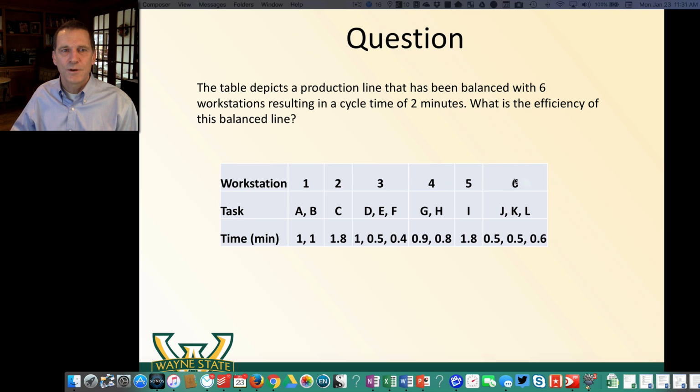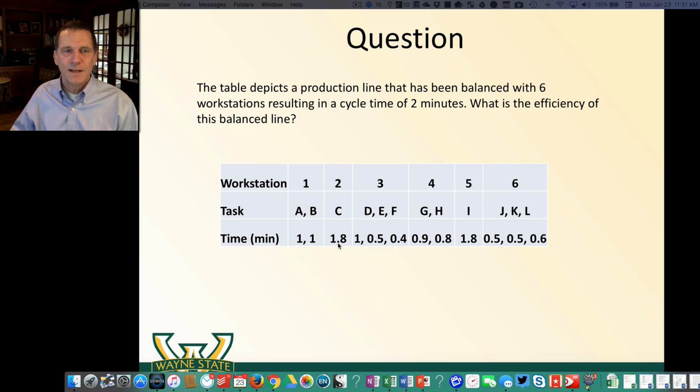If these are the 6 workstations, and we saw that task A and B are in workstation 1, and C, and then D, E, F in 3, G, H in 4, etc. And down here, we see that we've got 1 minute for task A and 1 minute for task B. If we do that across all these cells, we'll see that this is our bottleneck, and this is taking 2 minutes.